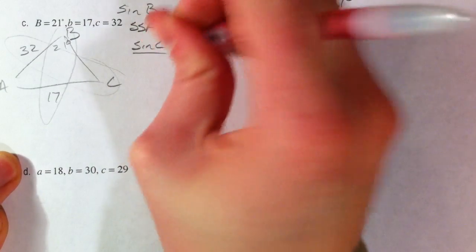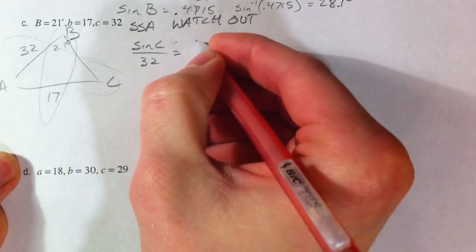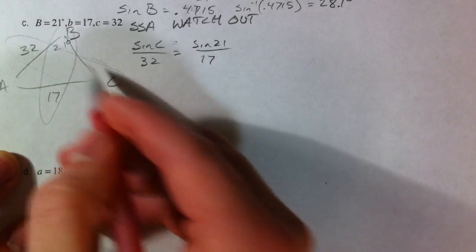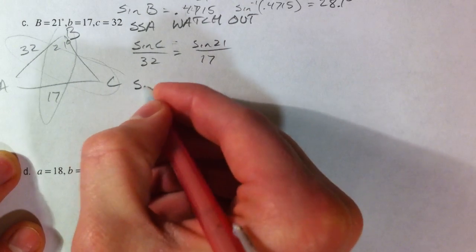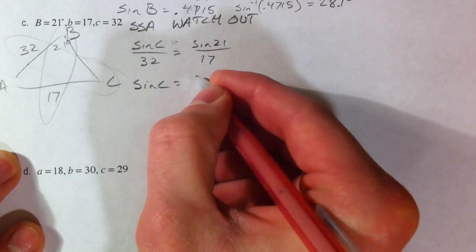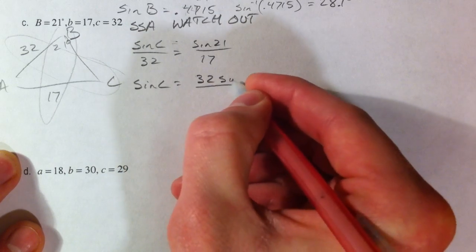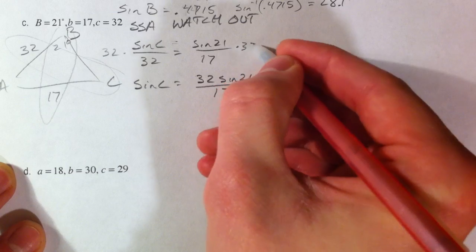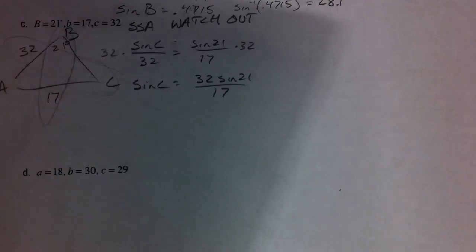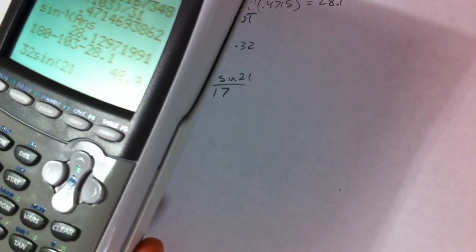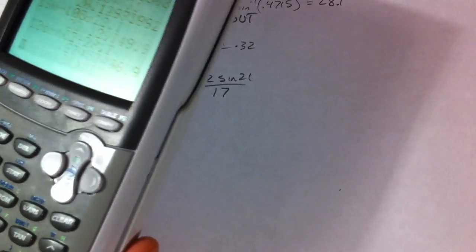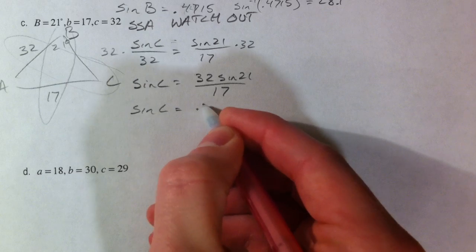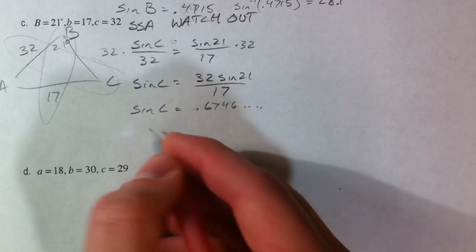So sine of C over 32 equals sine of 21 over 17. Match them straight up. So multiply by 32, multiply by 32. Sine of C is 32 times the sine of 21 over 17, which is 0.6746, and so on.